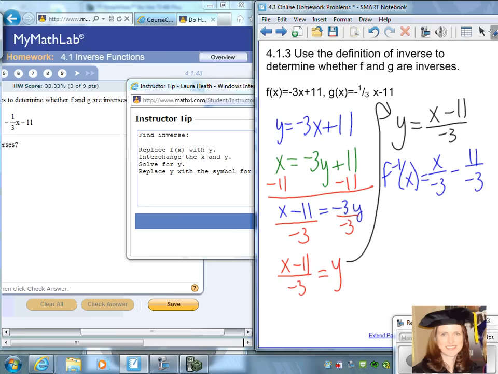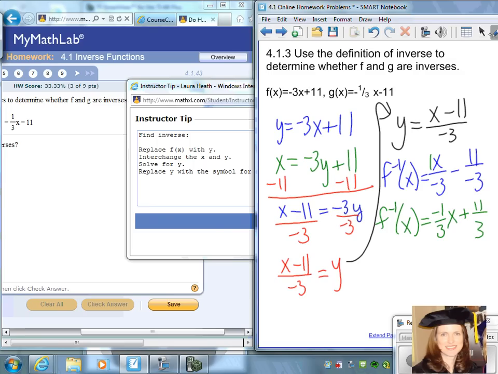We can simplify this just a little bit here, and we get a 1x divided by negative 3 is the same thing as a negative 1/3 x. And this minus 11 divided by negative 3 is the same thing as plus 11 over 3.